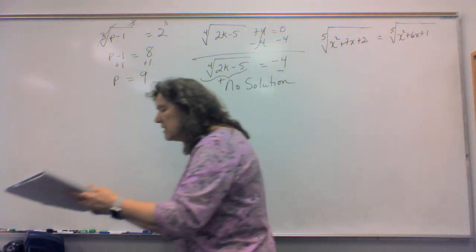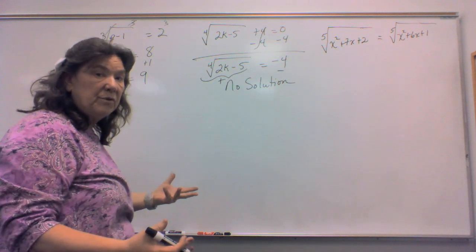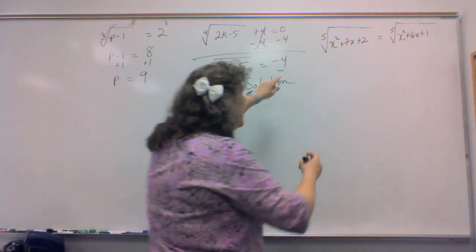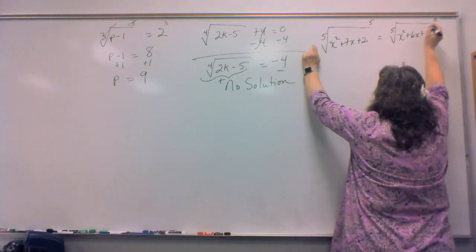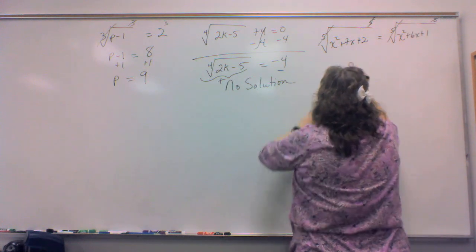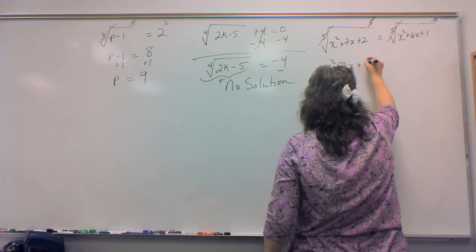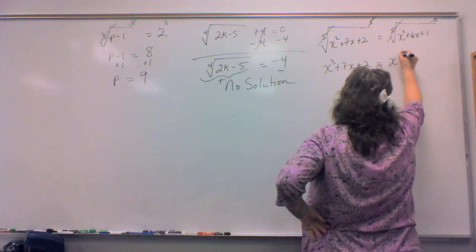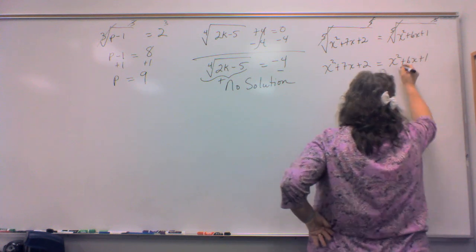Notice, everything is under the fifth root. Fifth root equal to fifth root. Undo it simply by doing the opposite, which is taking the fifth root on each side. It undoes that, and you're left with x squared plus 7x plus 2 is equal to x squared plus 6x plus 1.